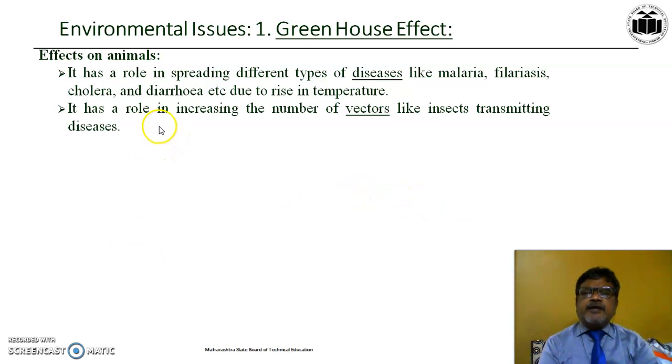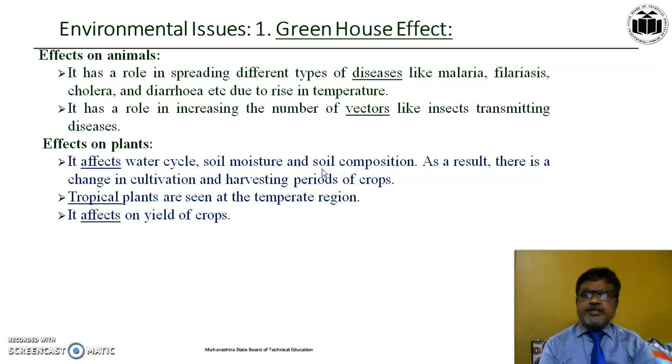Now, the effects of greenhouse effect on animals. Due to the greenhouse effect, various diseases spread such as malaria, filaria, cholera, and diarrhea due to rise in temperature, and also some vectors like insects transmitting various diseases increase.